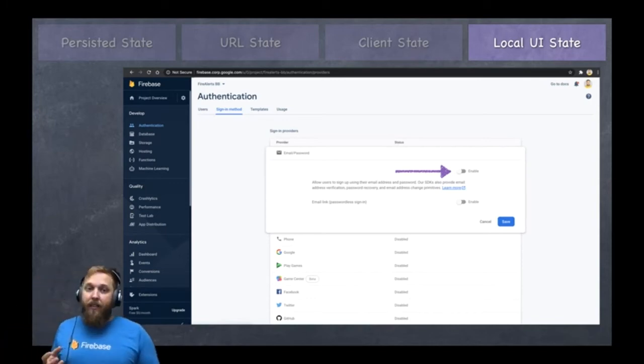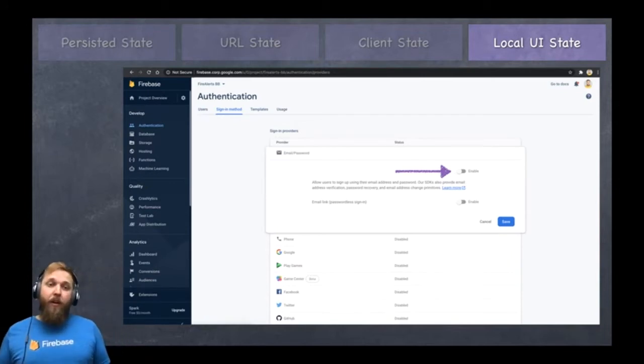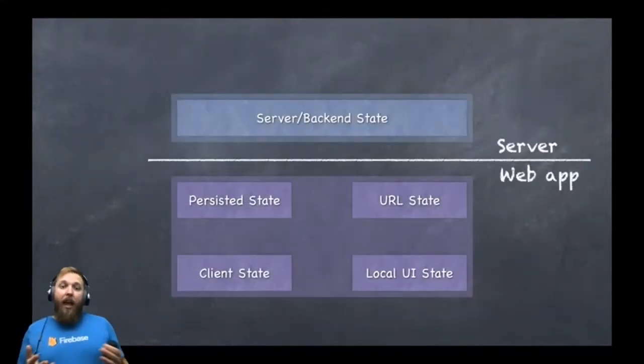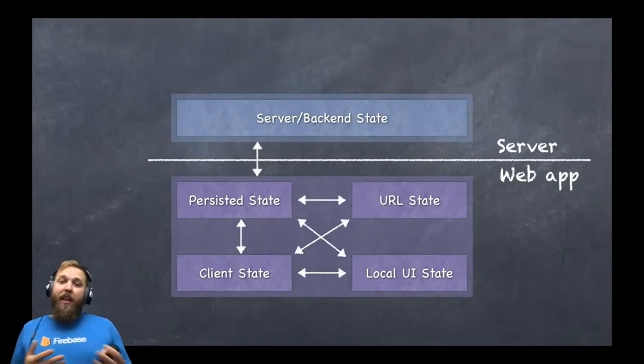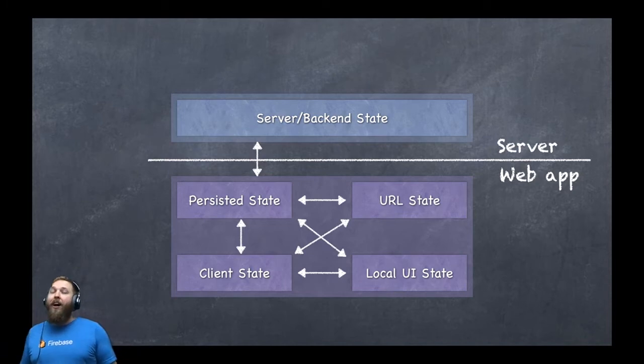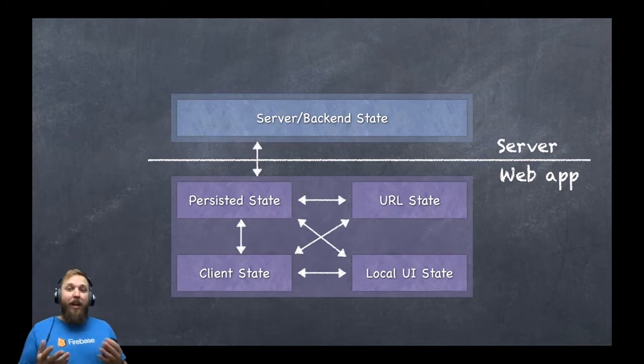So this is the fourth type of state. This is the smallest unit, very independent, very encapsulated within the component. All right, so these are the four states. Synchronizing all of these states between each other is the hardest problem, and probably the most important part of what we're trying to solve as front-end engineers.